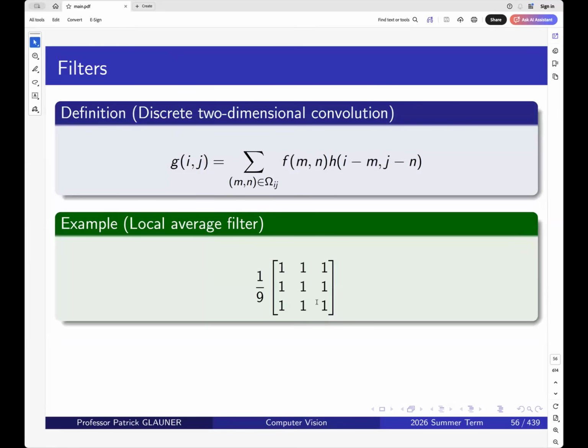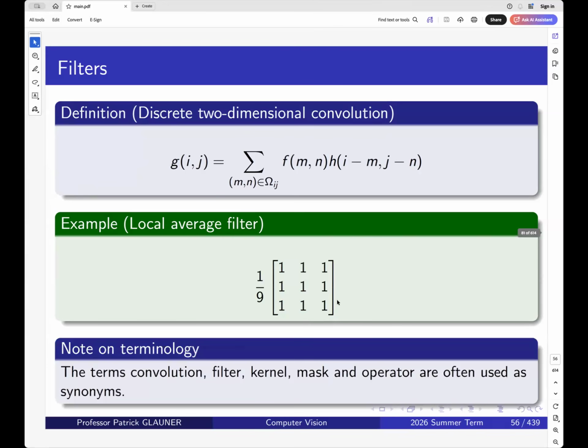Rather, we use something like this. Do you all feel more comfortable with this matrix here rather than the two integrals? Maybe let me know which one you prefer. Good. I mean, everyone feels more comfortable with this one here.